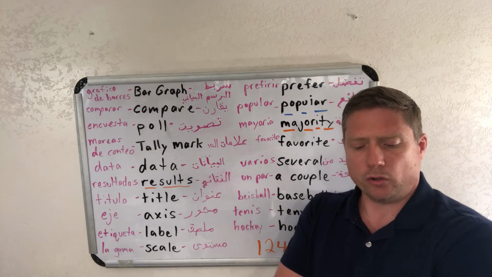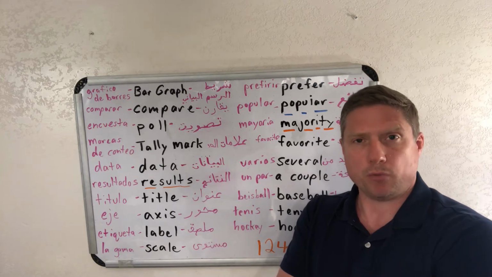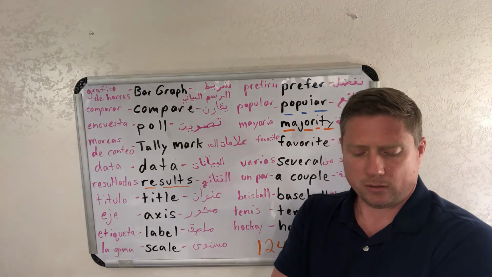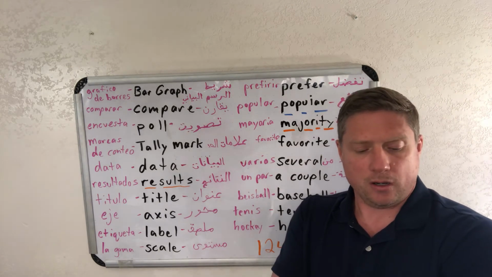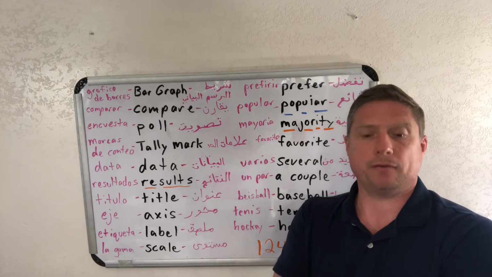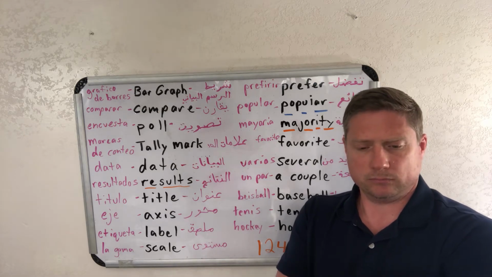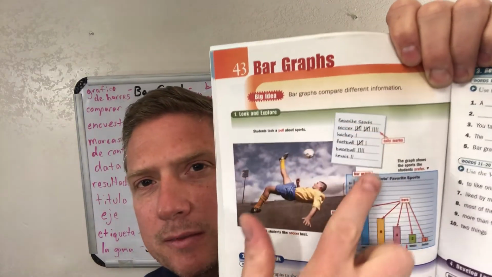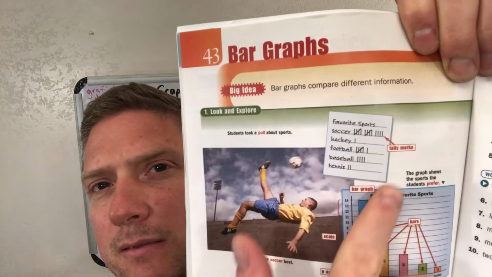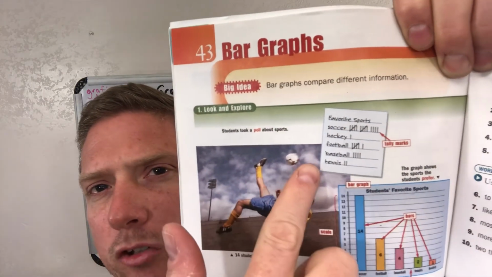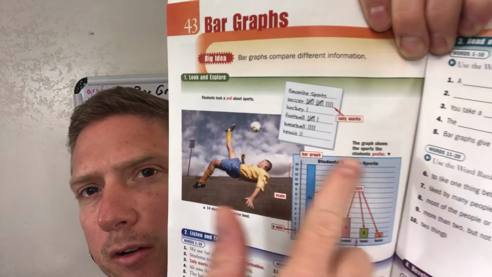Tally marks show students' favorite sports. 4. Ali uses the data to make a bar graph. So here's the tally marks, his data, and he used this information to make the bar graph here.